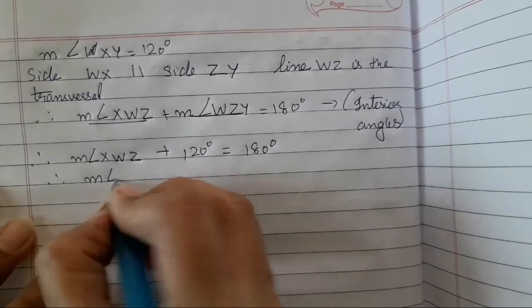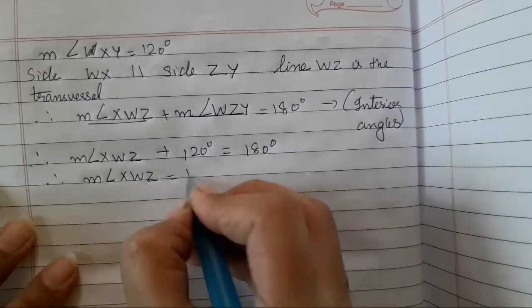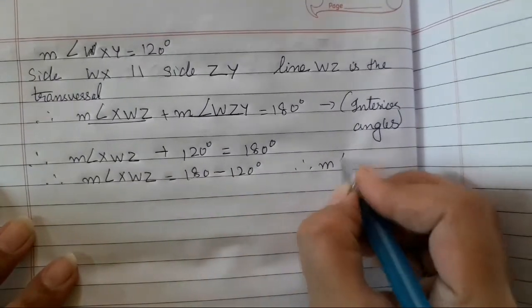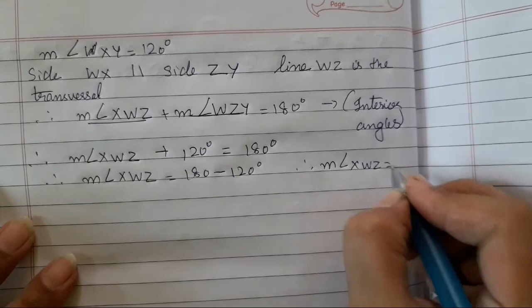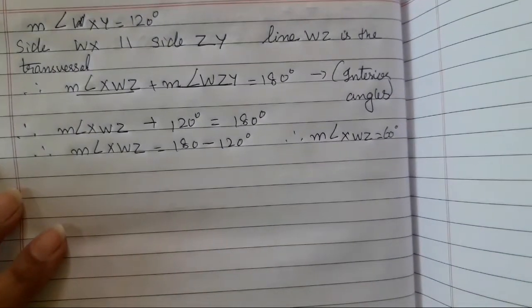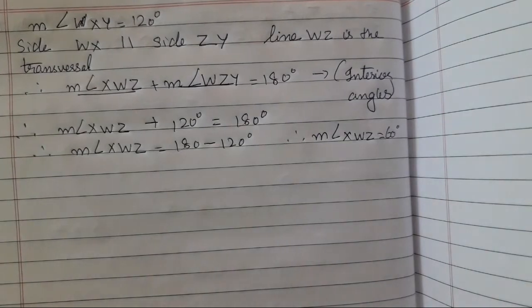Therefore, measure of angle XWZ is equal to 180 minus 120. Therefore, we get measure of angle XWZ is equal to 60 degree.